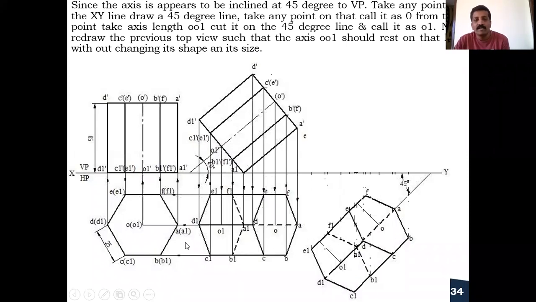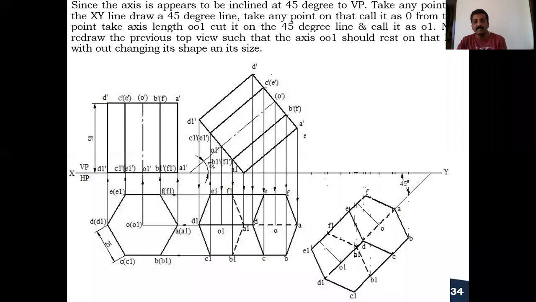Whatever points I get on the same line, I can mark. O to A distance I can take and get A. O to D distance, I can mark D. O to A1 distance, I can mark A1. O to D1 distance, I can mark D1 also. On the same 45 degree line, whatever points you are getting, you can mark.